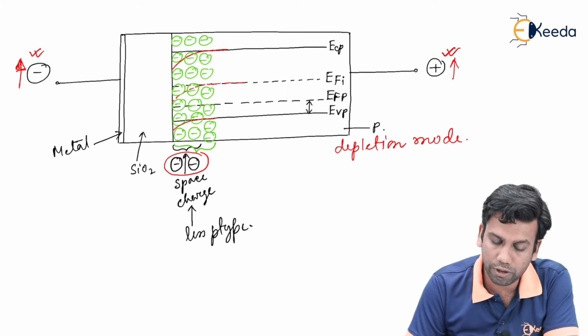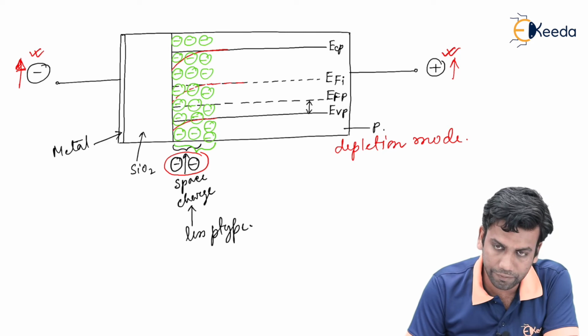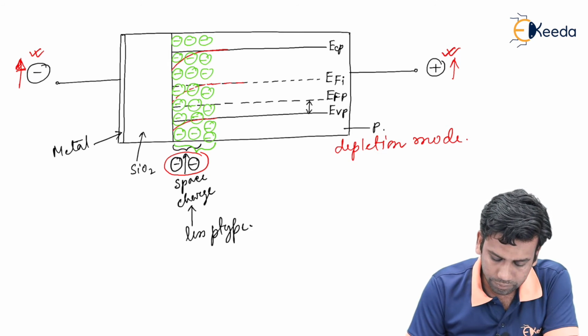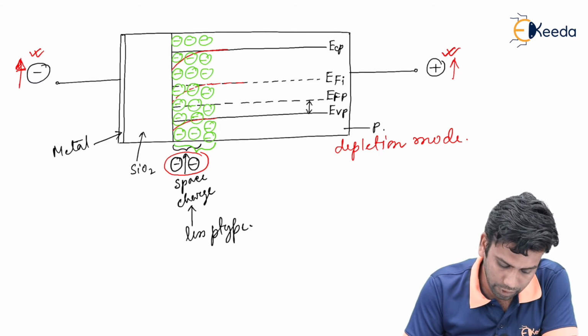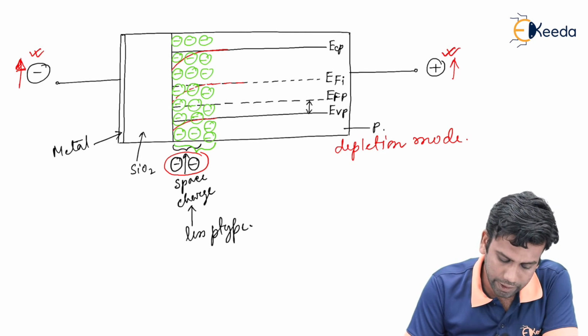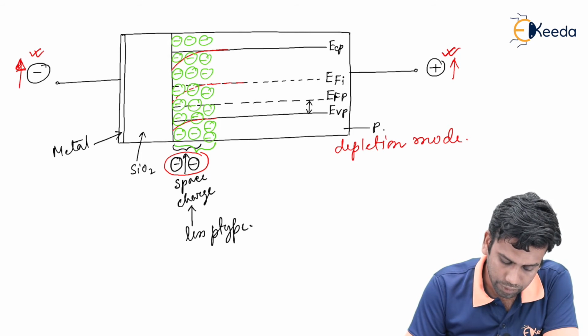That means we can also say that the interface is now very less p type, and it may be converted to the n type also, because if the Fermi level of the intrinsic semiconductor comes more down, then it can be converted to the n type also.